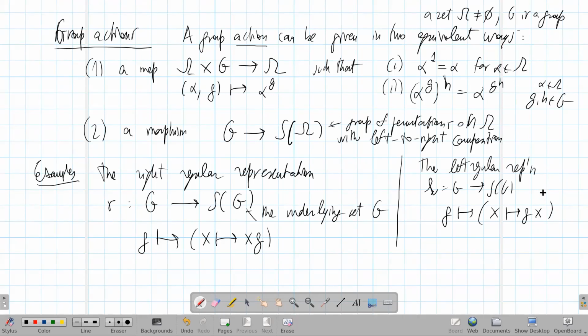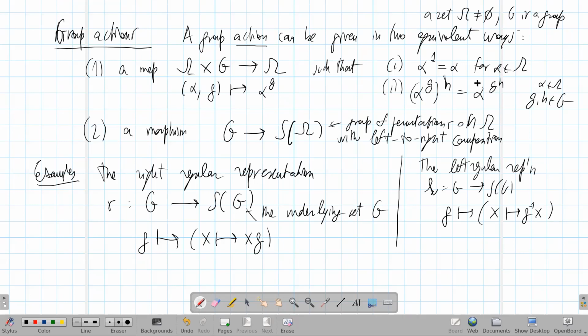You may think, well, of course, if the right multiplies on the right, the left multiplies on the left, but this is not a right action anymore. So I need an inverse. If you check, with an inverse, this becomes a right representation. Otherwise, it's a left representation, because if you don't have the inverse and you have a GH here, it's H that multiplies X first and then G, whereas I want the opposite.